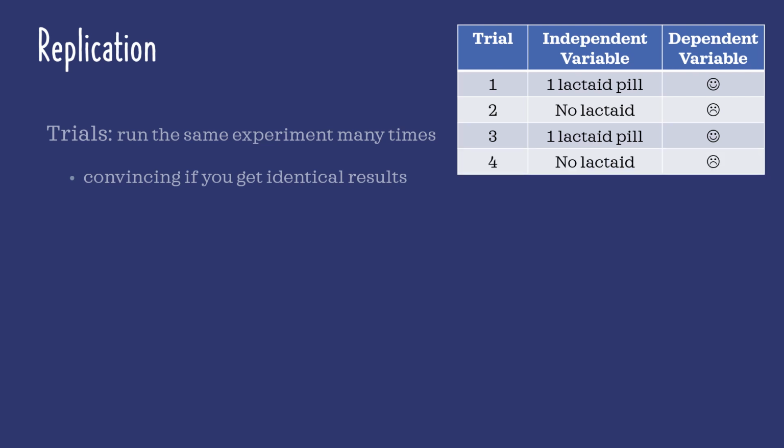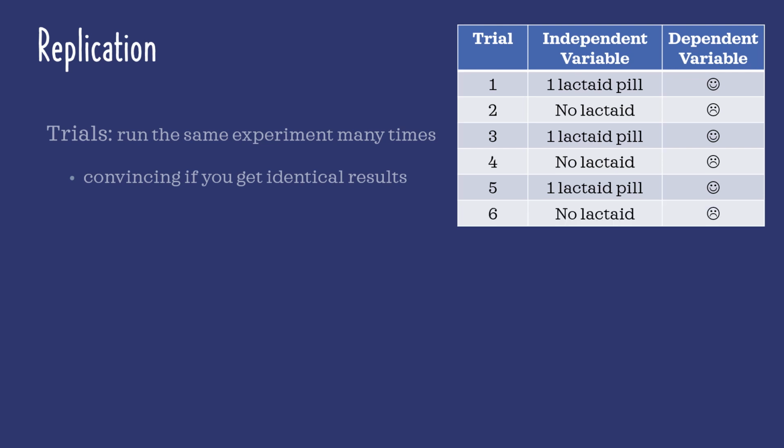This replication of the original experiment is required to convincingly document the relationship between the thing you're testing, called the independent variable, and the outcome, that's the dependent variable. In this experiment, the independent variable is whether or not I took a Lactaid pill.